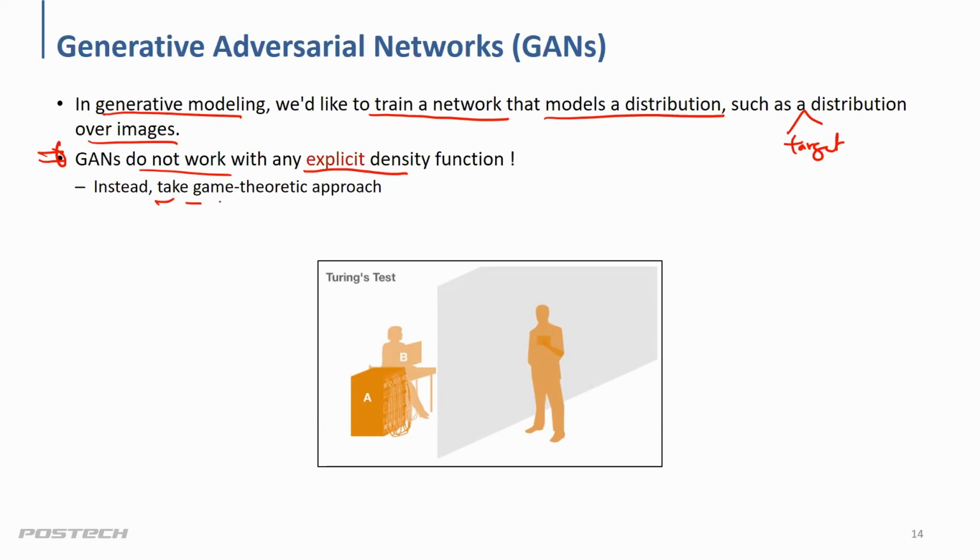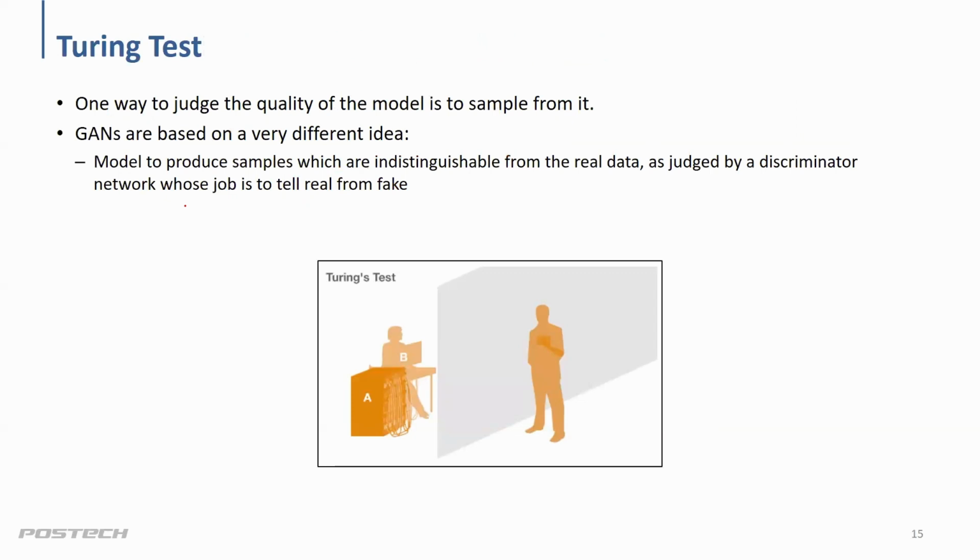Instead, we're going to take a totally different approach. In this case, it will be the game theoretic approach. What do I mean by this? Let's think about that. The idea is coming from the Turing Test.